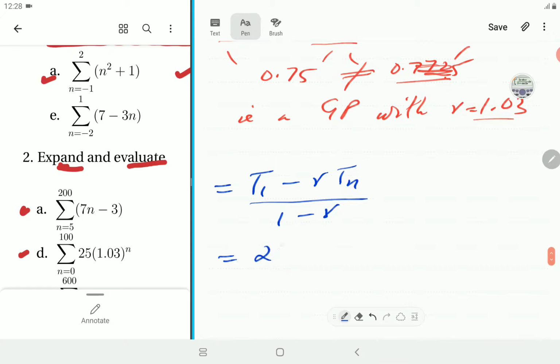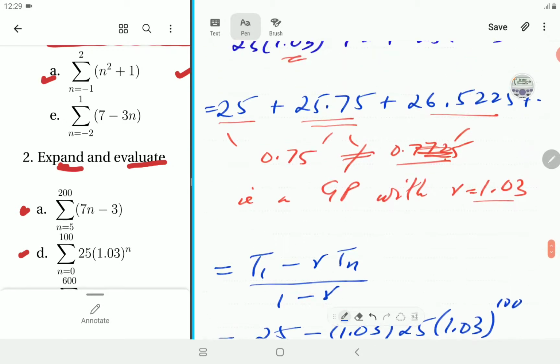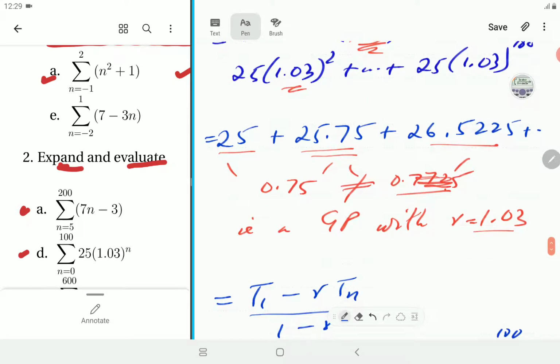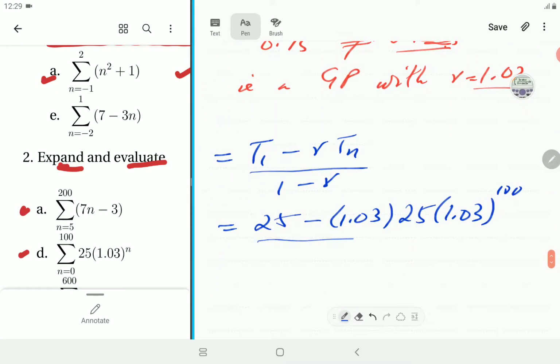So T1 is 25, r is 1.03, Tn is 25 times 1.03 to the power 100, divided by 1 minus 1.03.